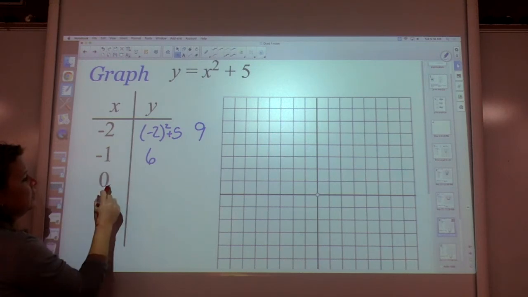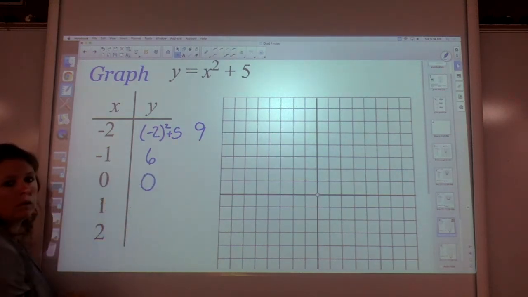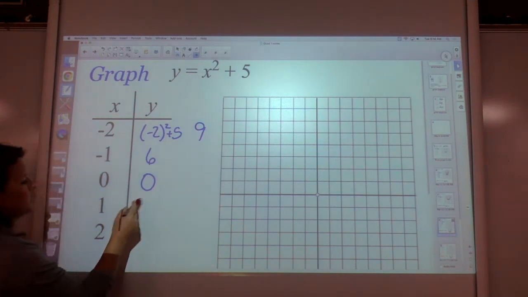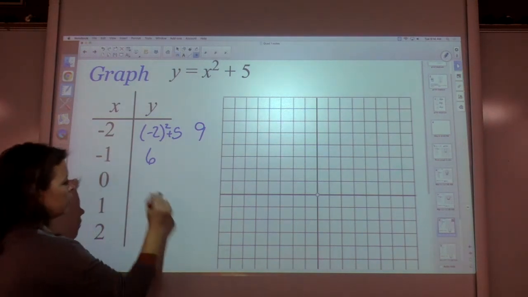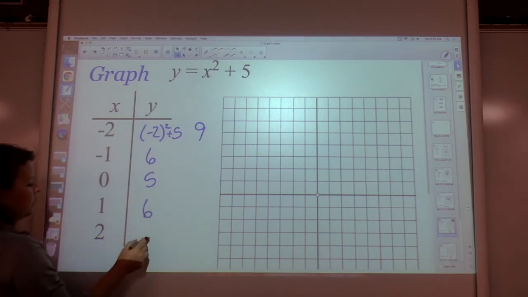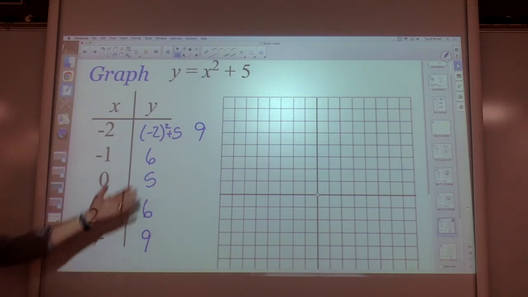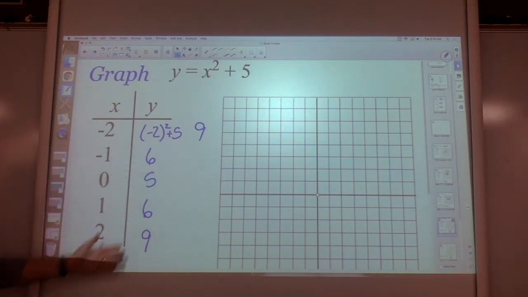0 plus 5 is not 0. I wouldn't believe how many kids after all this just put 0, 0. It's 0 plus 5 is 5, 1 plus 5 is 6, and 2 plus 5, or 2 squared plus 5 is 9. Again, same pattern, and I'll explain why.